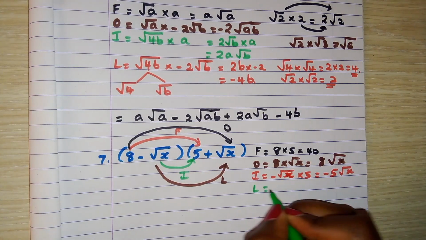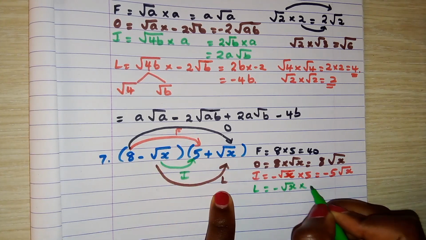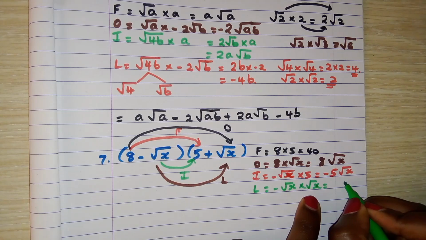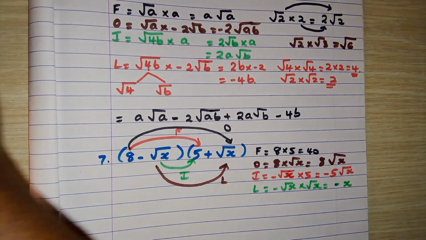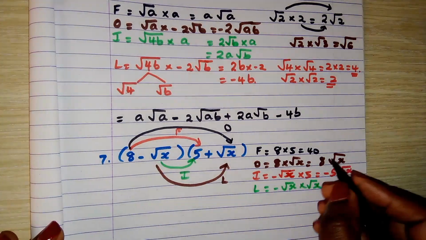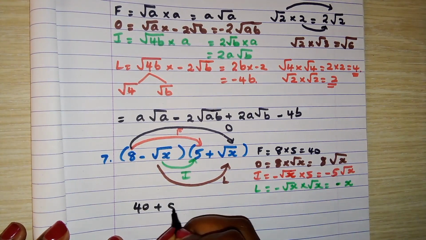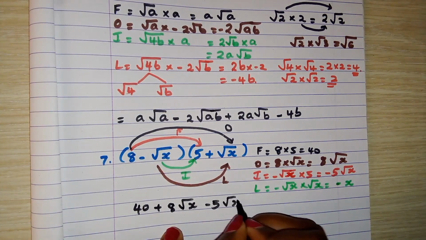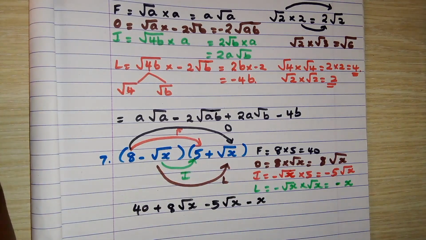Okay, the last one will be negative root x times root x. Root x times root x is the same as x, and then you put the minus there, so negative x. Now we put all the terms together. We have 40 plus 8 root x, then negative 5 root x, negative x.